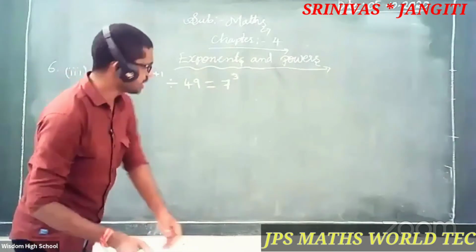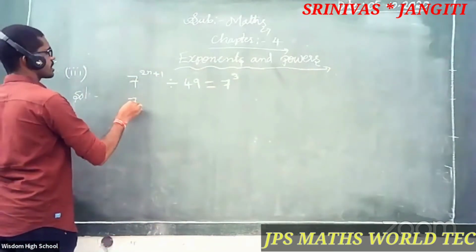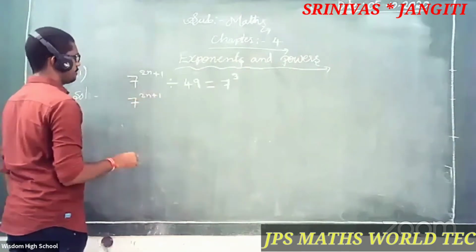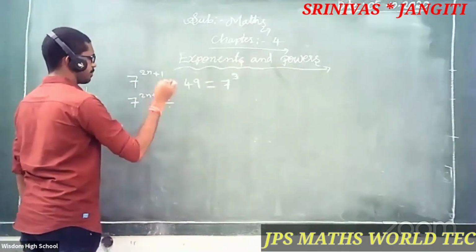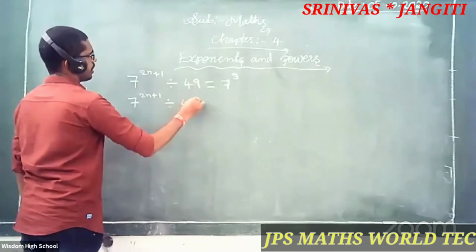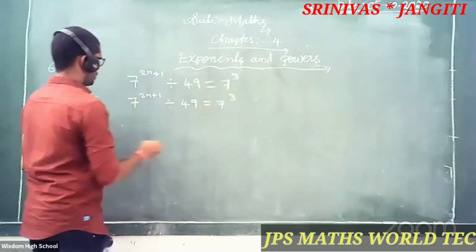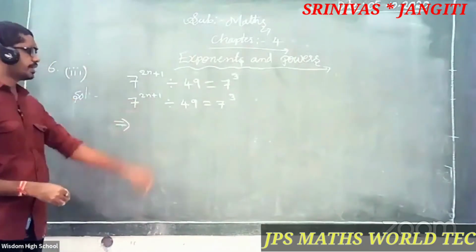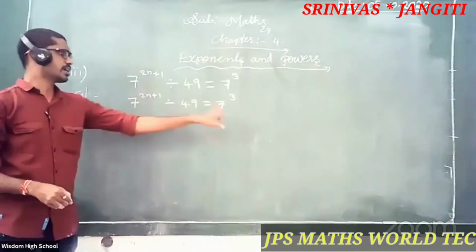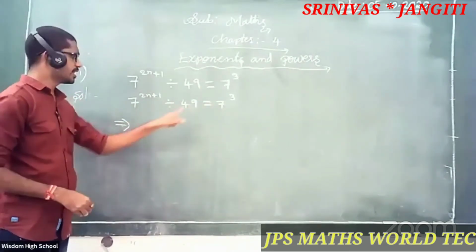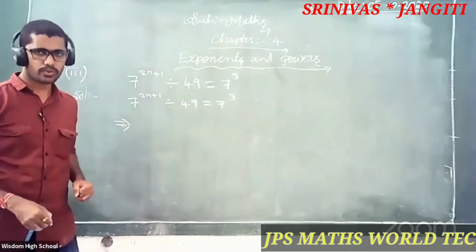So then here, 7 to the power of 2n plus 1 divided by 49 is equal to 7 cube. One thing you know here: 7 is there, and here also 7 is there. The base is 7, but here it is 49, right?